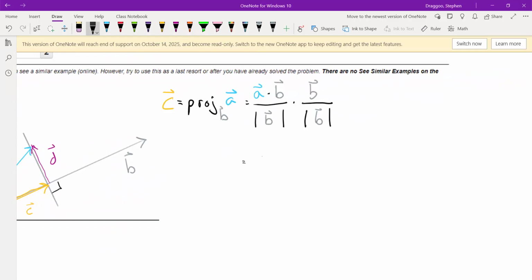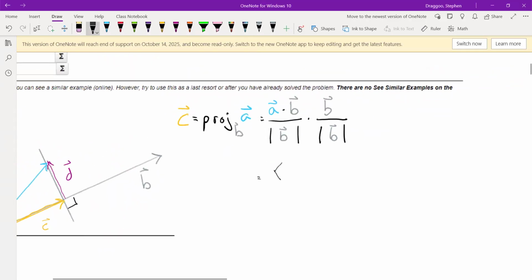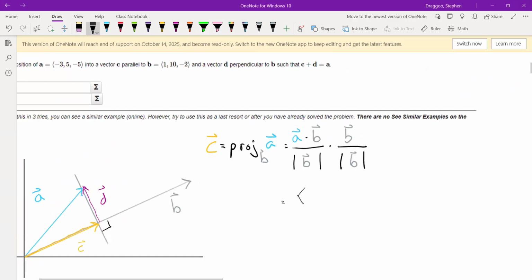I want to take the dot product of A with, let me just put it on screen. There we go. It is -3, 5, -5. And I want the dot product of it with B, which is 1, 10, -2.